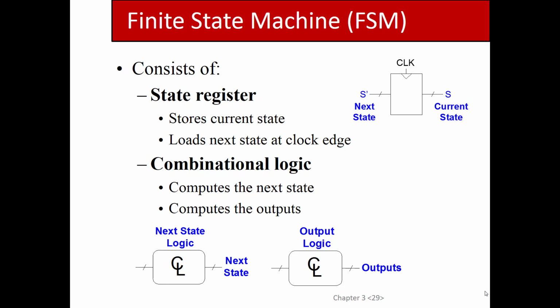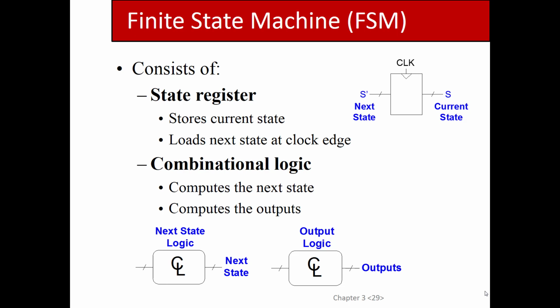There's the flip-flops or the registers themselves that hold the current state value. I like to think of it as: what is the circuit doing right now? What's its state? And that's basically just a register.